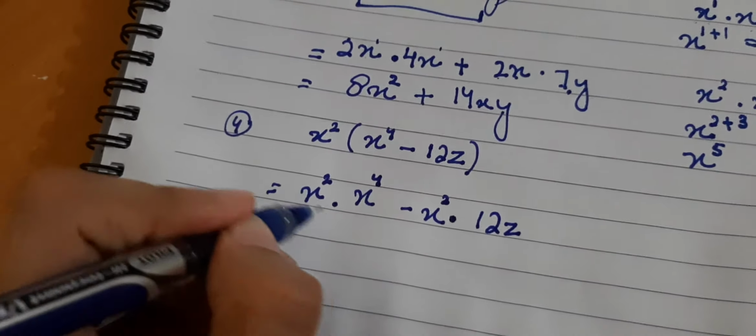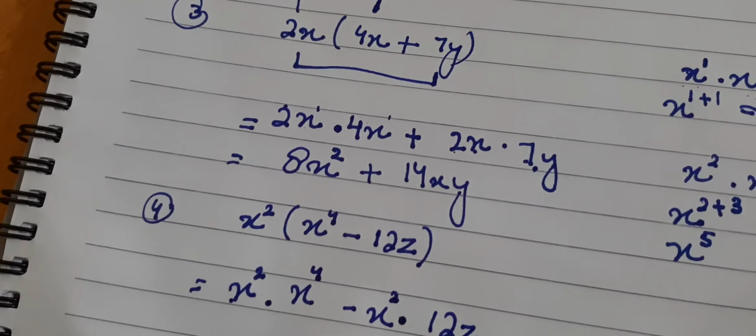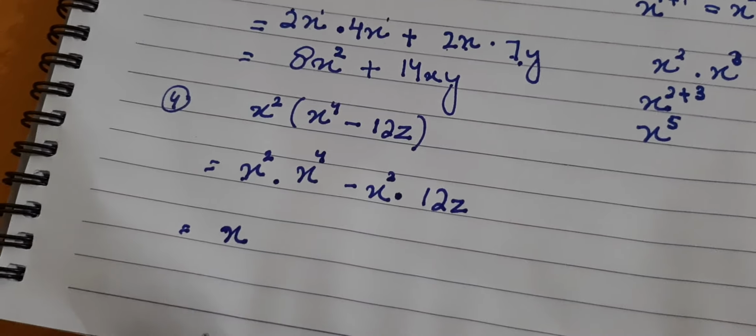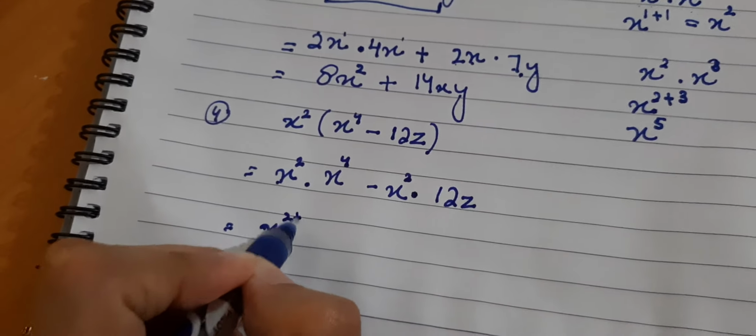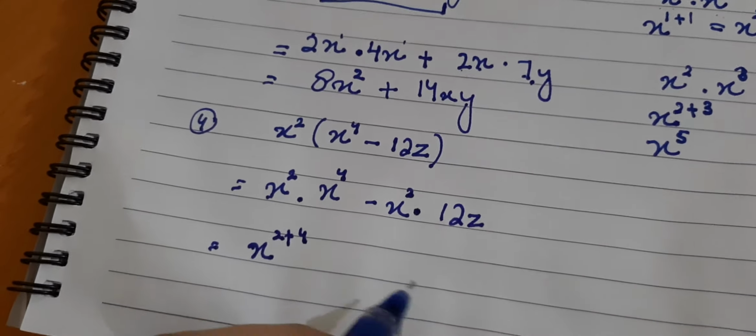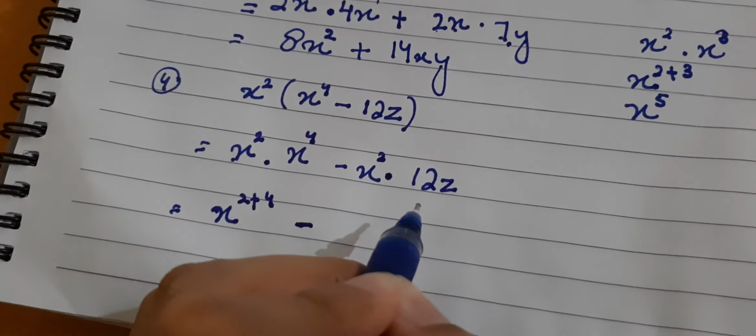So here we have x, the same variable multiplying. We will write the variable once and then we can add the powers over here. And then we have minus x square into 12z.